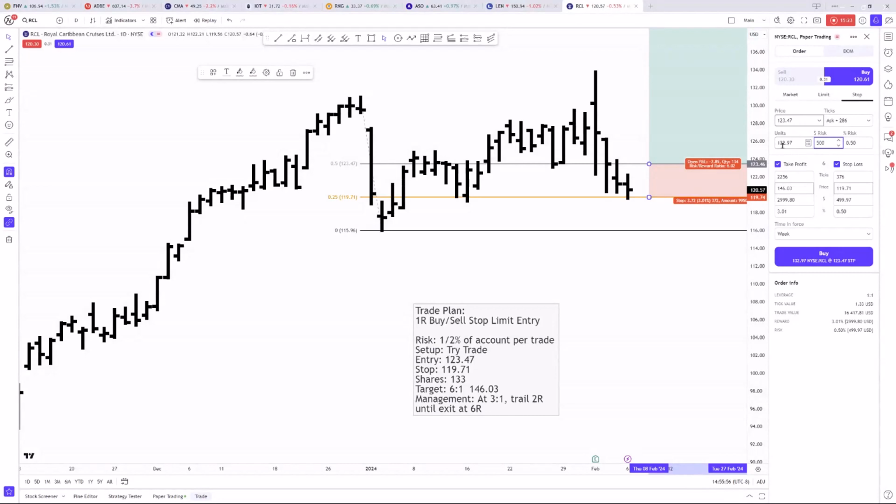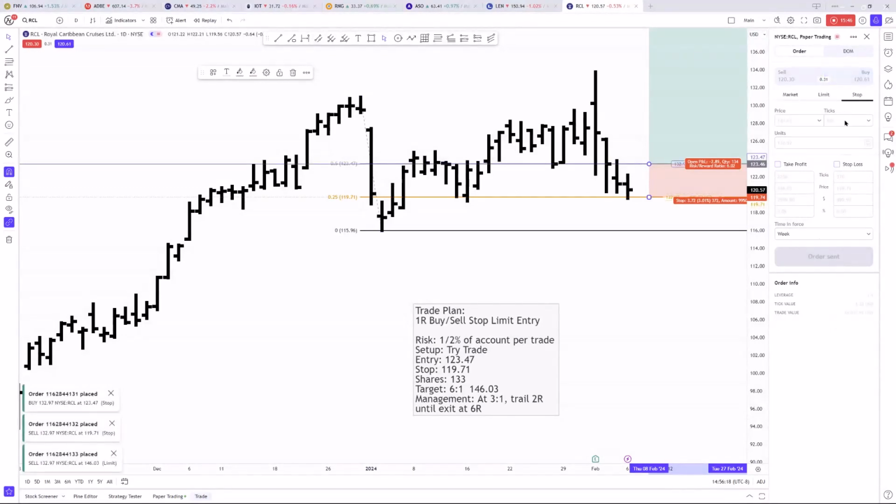That should give us 132.9 shares rounded up. Okay, just give a quick check to everything. It's going to take us in. We're doing a buy stop our way in. 47, 71, and off we go.